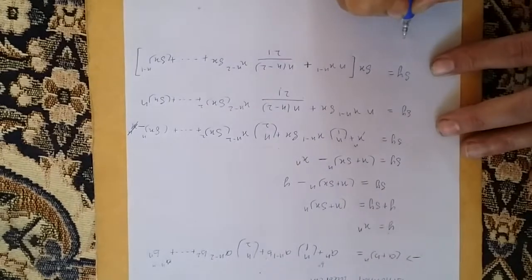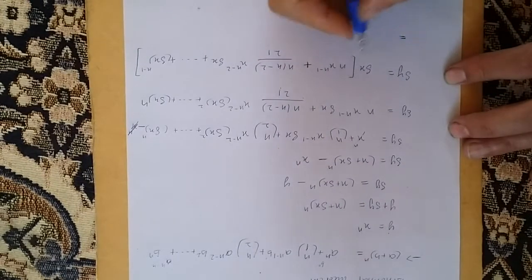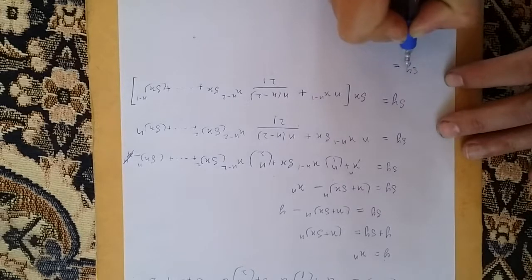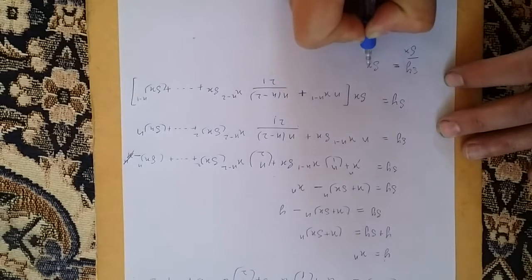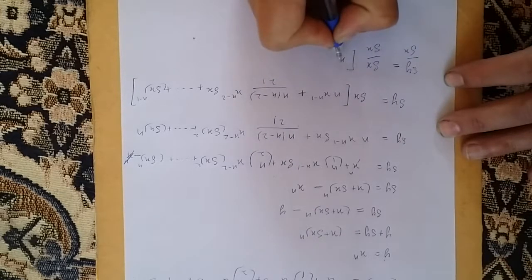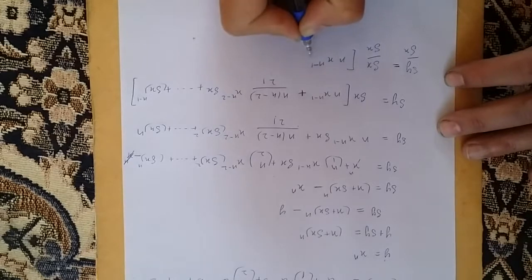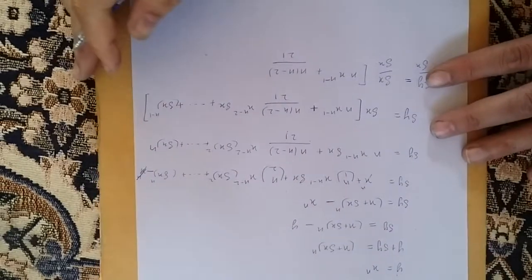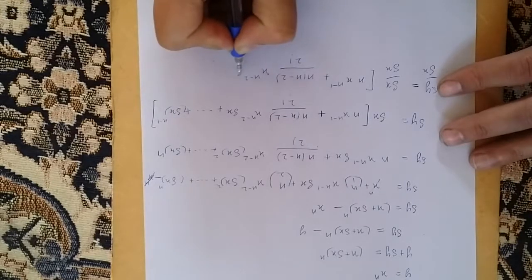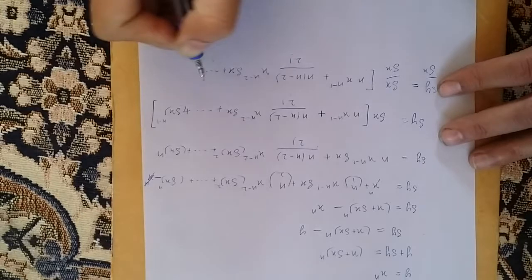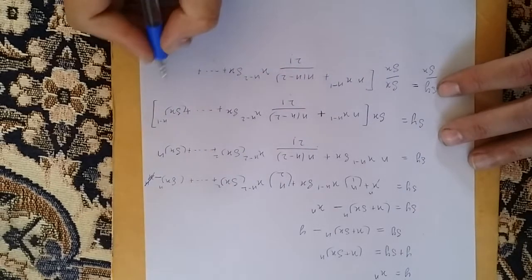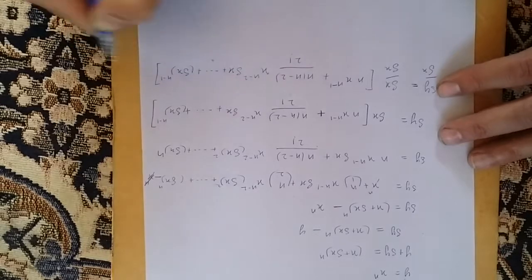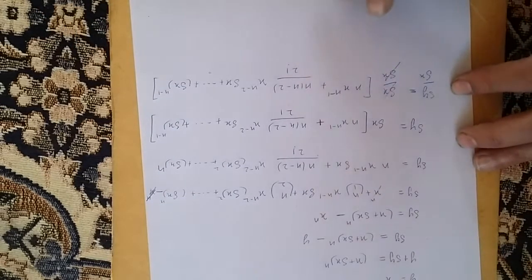Then we are going to divide both sides by del x, so it will look like dy over del x, and del x over del x cancels.